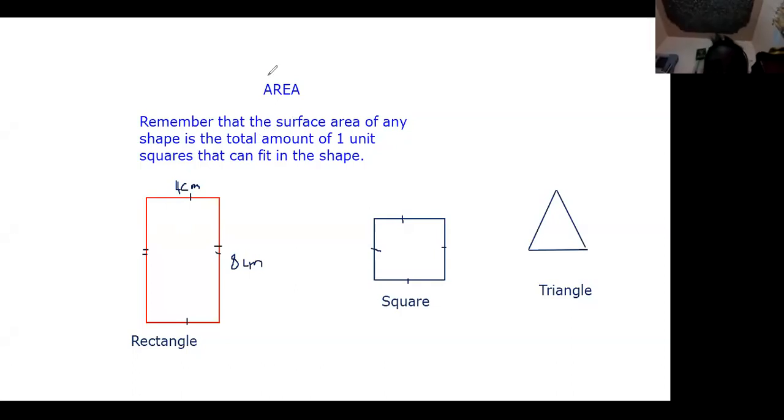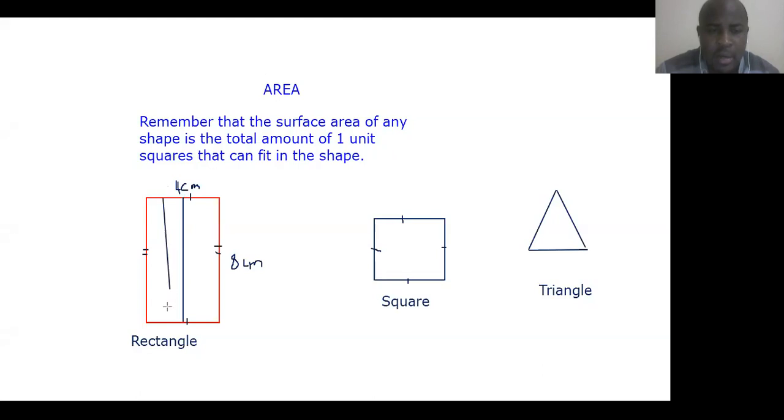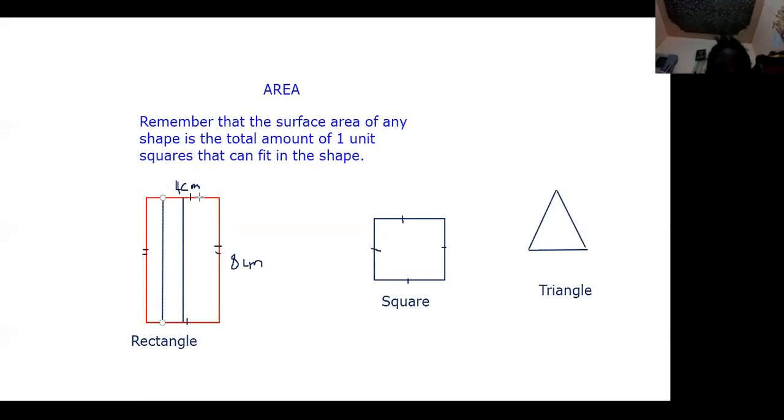All right, now what this is saying is that along this short side here, how many 1 centimeters can we get out of this short side? For 4. So let us split it up so we can get the 4 centimeters coming out. So we're saying along the side, we can get 4 equal 1 centimeters. So if I split up my side here, I can split it up in 4. Would I be incorrect if I do that?